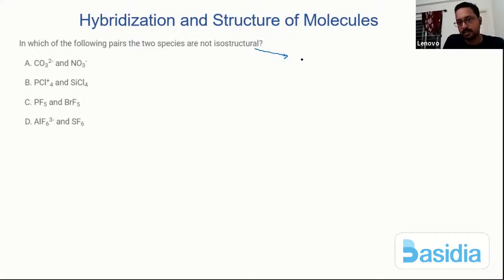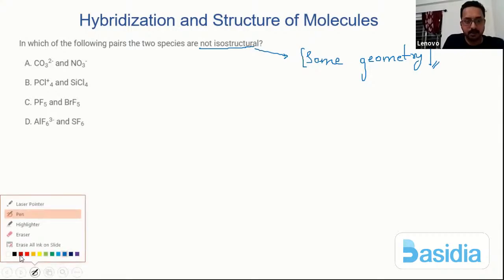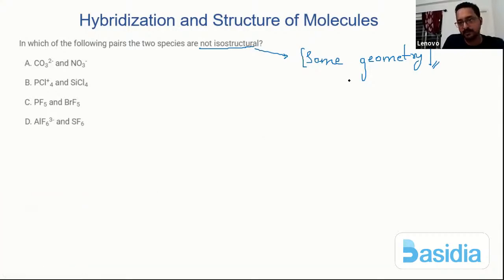Isostructural means same structure, or I should say same geometry. The question is which of the following molecules do not have the same geometry. What we have to check is the hybridization.